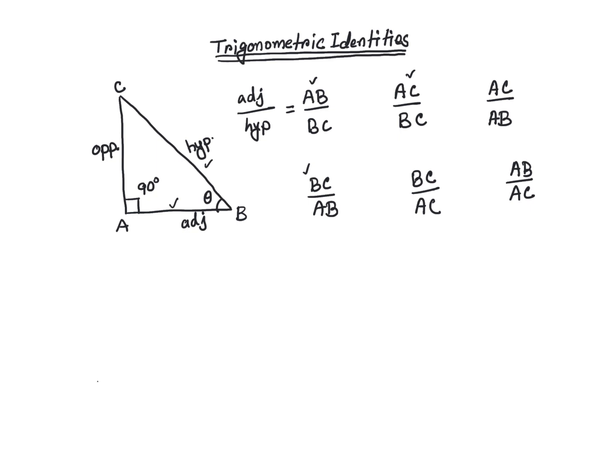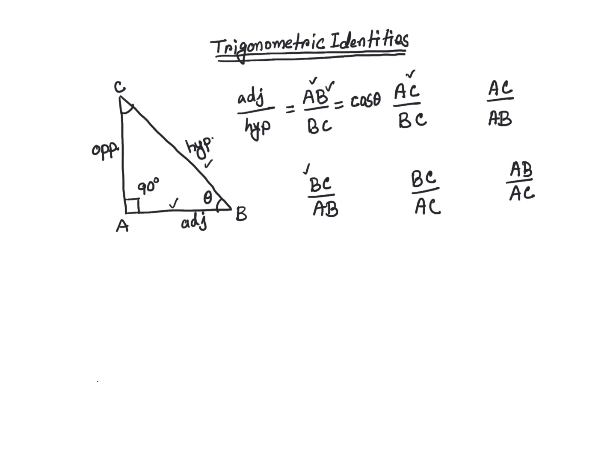If my angle theta were to be angle C, then my adjacent would be AC and my opposite would be AB. But let's keep it simple for now. So with respect to theta, I have adjacent over hypotenuse, or AB over BC, which is the hypotenuse. And now I define it, or I call it, cosine of theta. Cosine of theta means adjacent over hypotenuse.